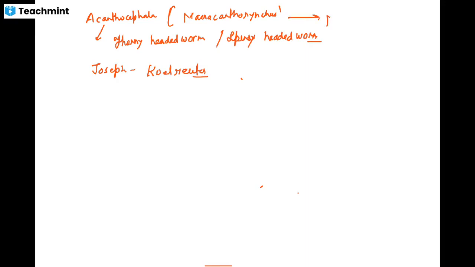The characteristic feature of this worm is that it has a proboscis armed with hooks. There is one species, Macracanthorhynchus hirudinaceus, which is present occasionally in dog.